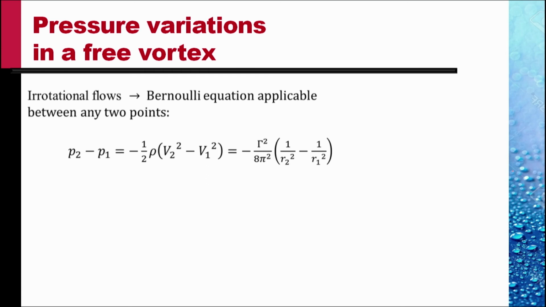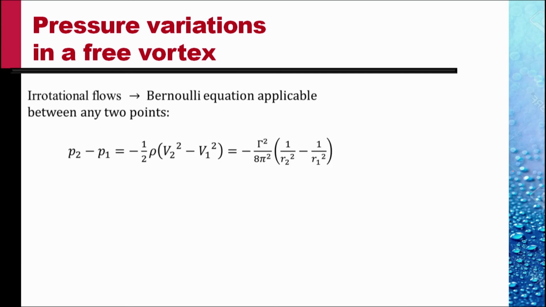Now, we have seen earlier that in irrotational flows, the Bernoulli equation is applicable between any 2 points in the flow field. And therefore, for a free vortex, if we take a point 1 at radius r1 and a point 2 at radius r2, then the pressure difference P2 minus P1 is obtained as minus gamma square by 8 pi square into 1 by r2 square minus 1 by r1 square.